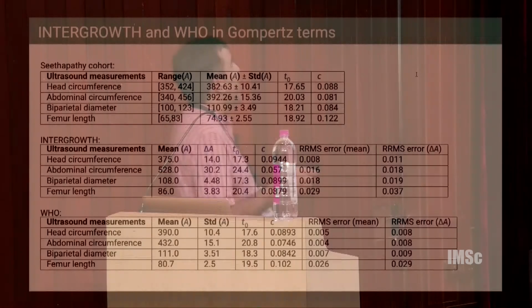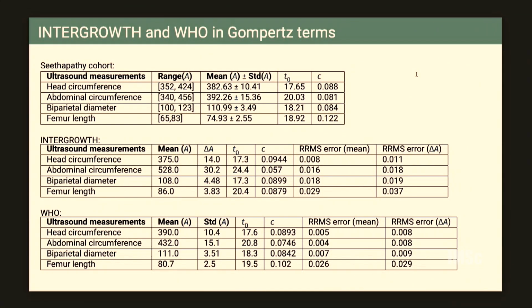That's a good question. And the interesting thing is, if you look at T0, this is our cohort, which is Chennai. This is Intergrowth, which is mainly developed world. We have basically fit the Roberts formula to their formula. It's the best fit. And if you look at T0 for head circumference and biparietal diameter, it's pretty similar.